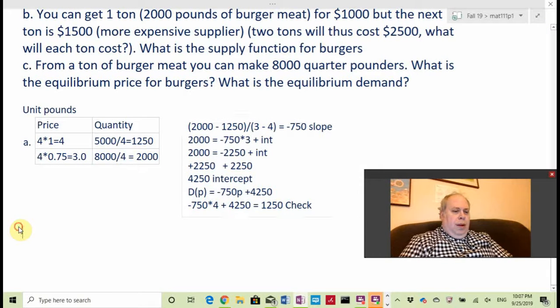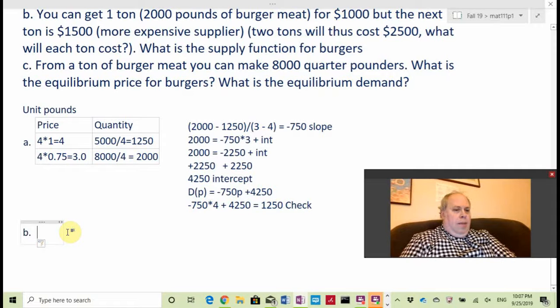So here's part B. We're going to build the price, quantity, and total table. Now, a ton is 2,000 pounds. So the quantity is going to be 2,000 times 1, or 2,000 pounds.